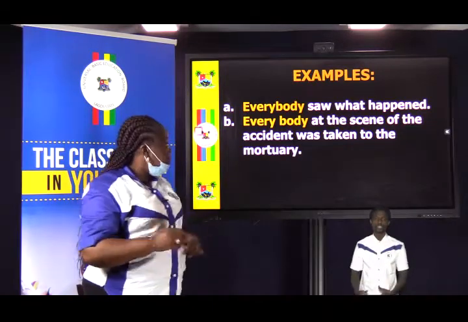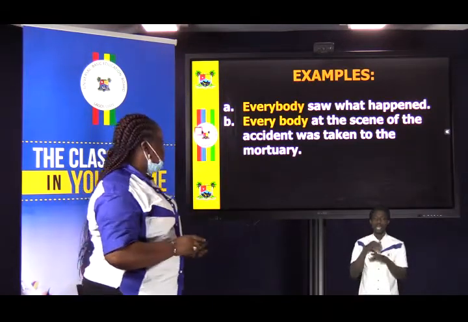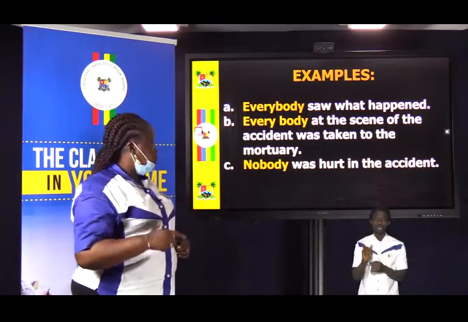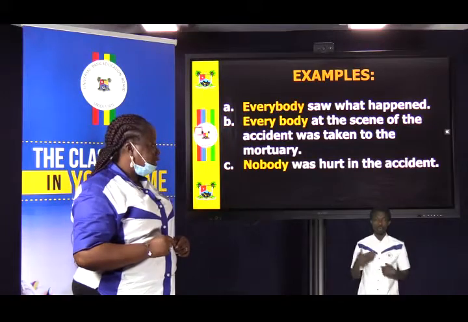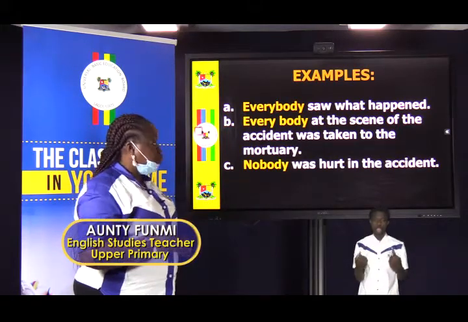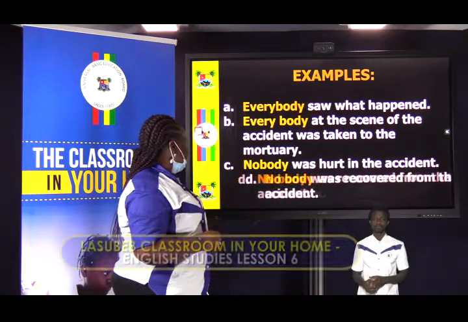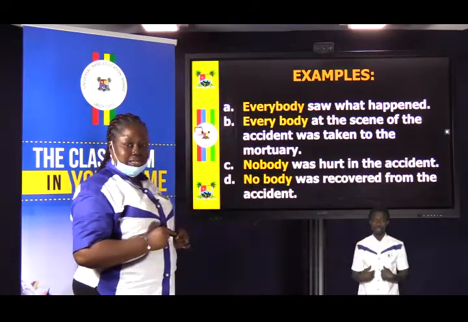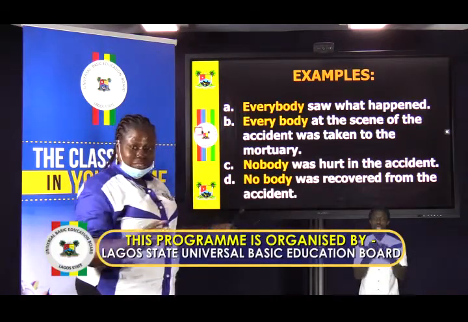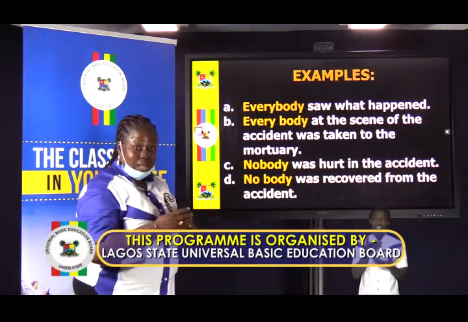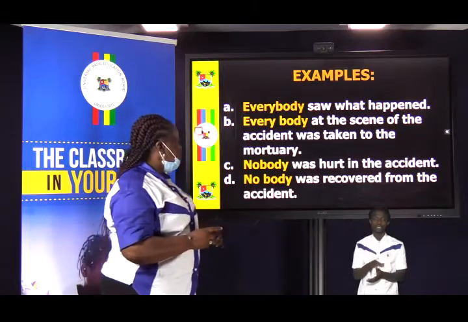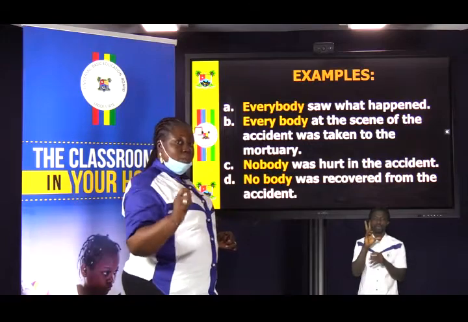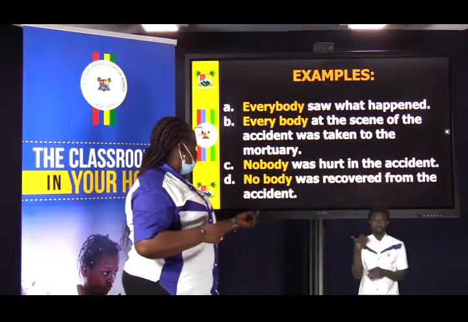Nobody, one word, was hurt in the accident. It means no person was hurt in the accident. But when you have no body was recovered from the accident, that means everybody is dead. Everybody died. No body, two words, was recovered from the accident.